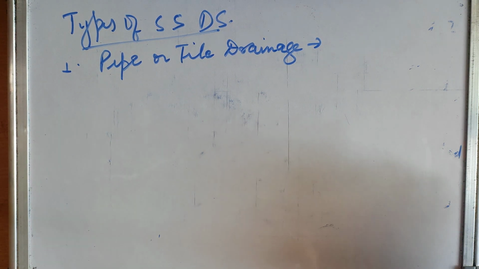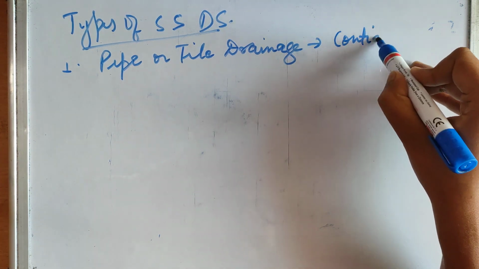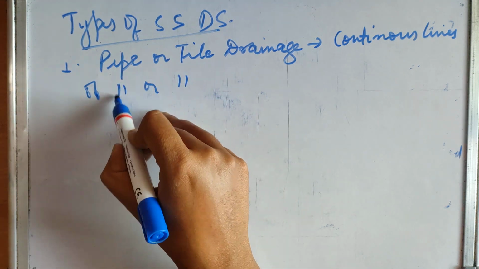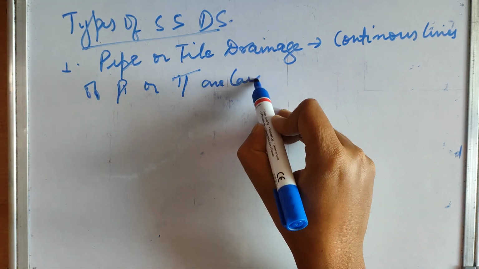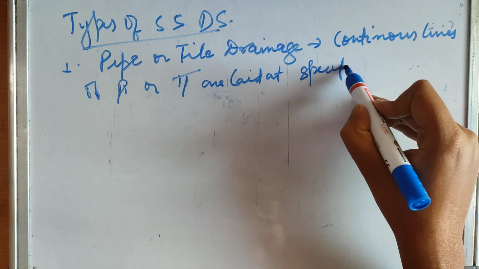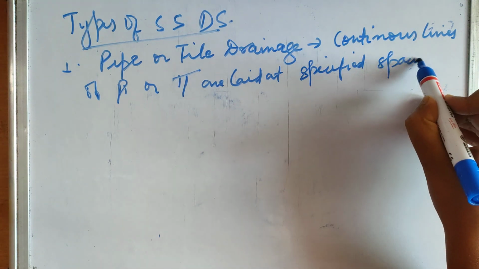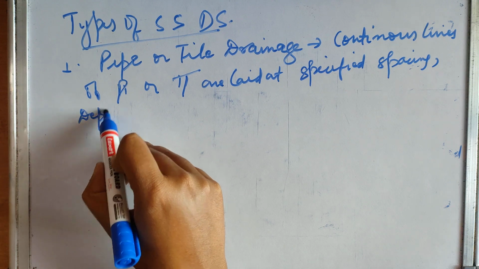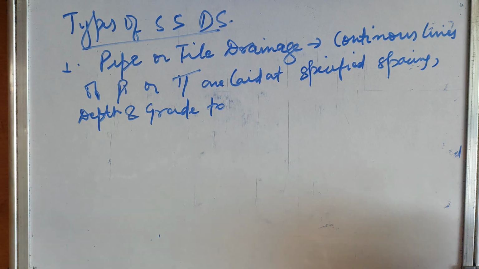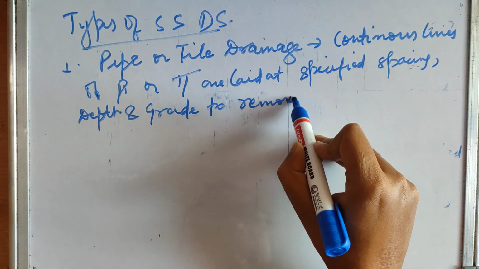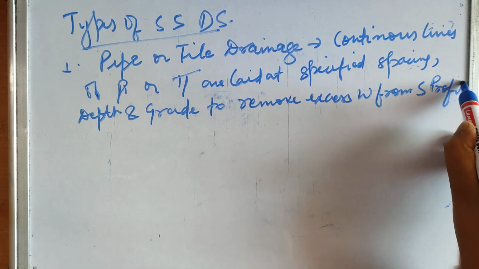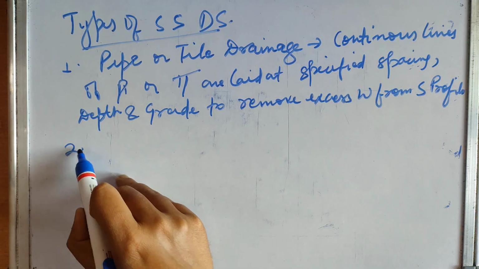Here continuous lines of pipes or tiles are laid at specified spacing, depth, and grade to remove excess water from the soil profile. So this was pipe or tile drainage.